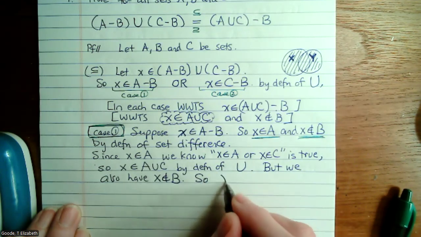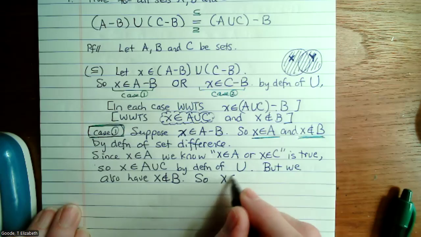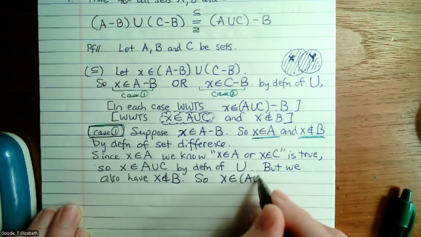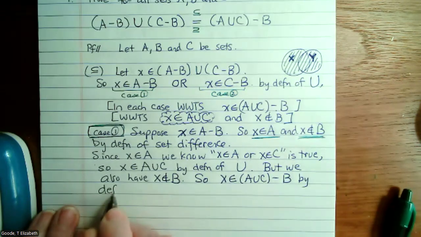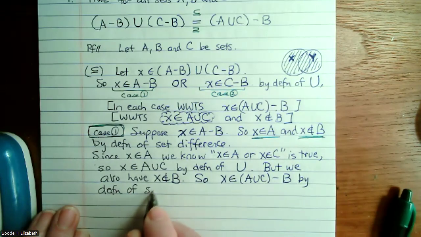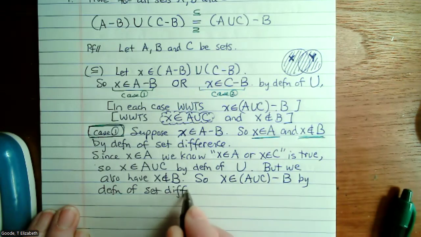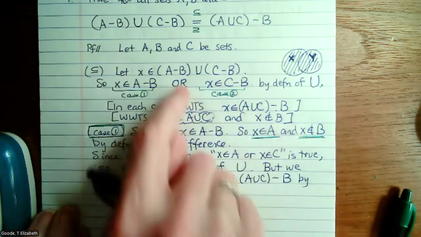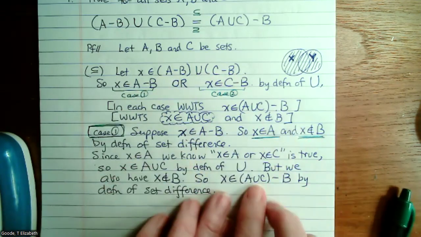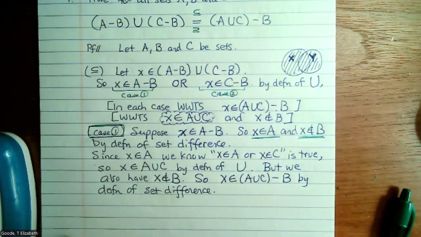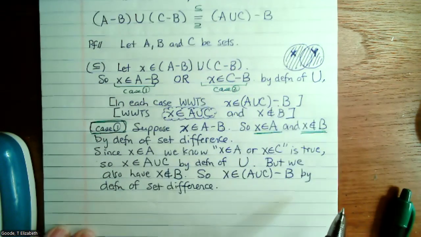X is an element in A union C minus B. Exactly, and that's applying the definition of set difference. It's weird because we're breaking down the same operators that we're building back up to, just arranged in a different order. Does that make sense?